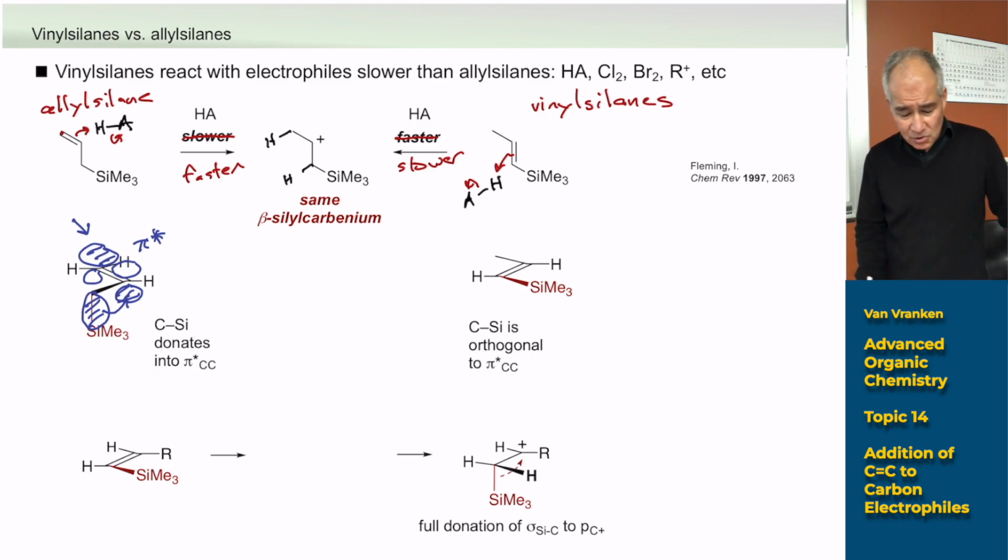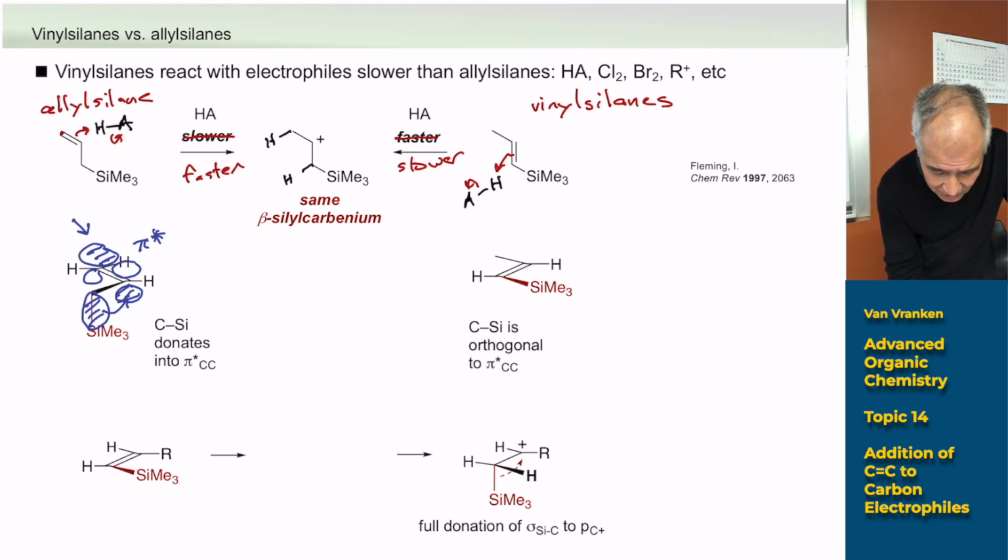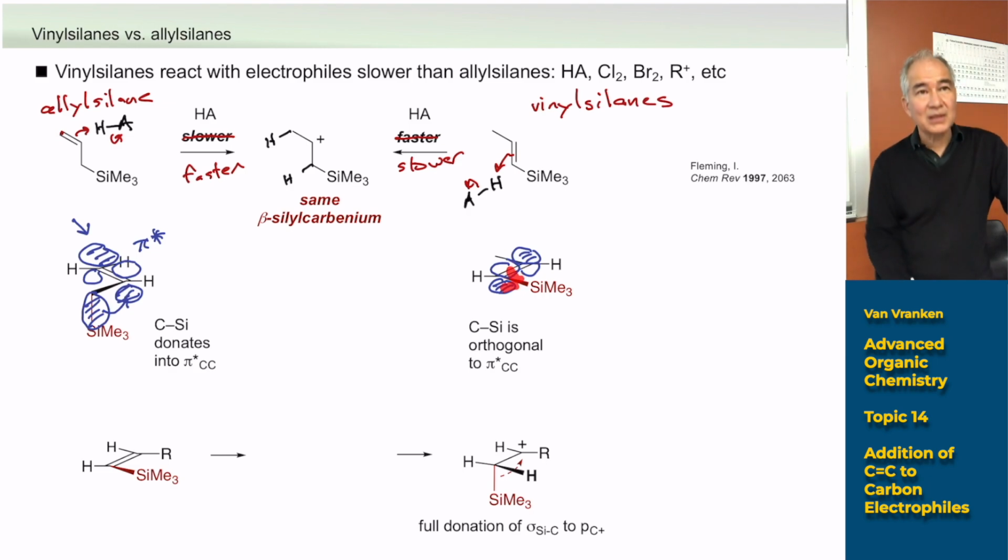But now let's come over and draw a similar situation here with that alkene. If I draw that pi star orbital here for the vinylsilane, I don't have this good interaction anymore. It doesn't matter how I phase this carbon-silicon bond. If I phase it hashed, it'll have a good interaction with the bottom part of pi star, but a destructive interaction with the top.